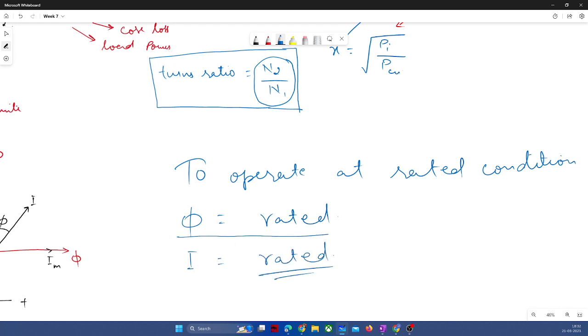So once you maintain the rated flux in the core, there is no need to further increase the flux, right? Now you are just connecting the load.